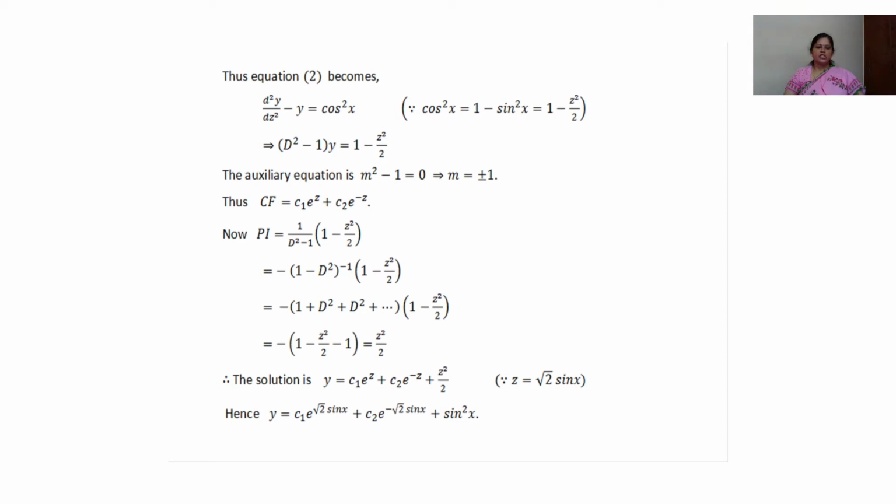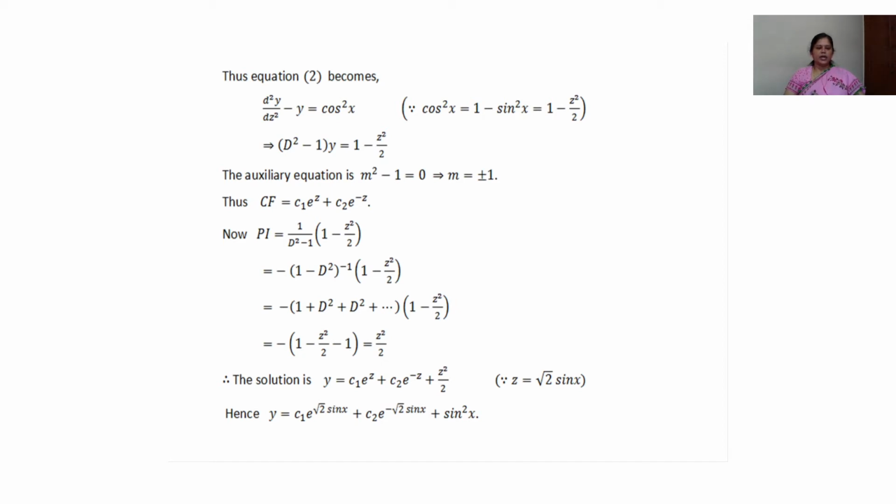Here our algebraic function is 1 minus z squared by 2, so we can differentiate maximum 2 times. From the third term onwards it becomes 0. That's why we have to consider only the first term and second term. The first term is 1 and the second term is D squared. Multiplying with 1 we get 1 minus z squared by 2.